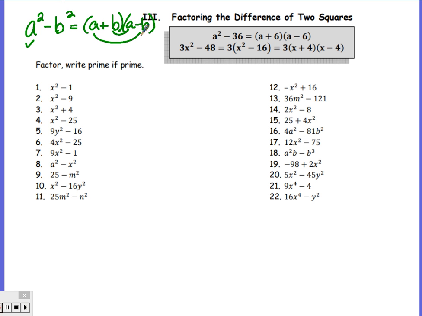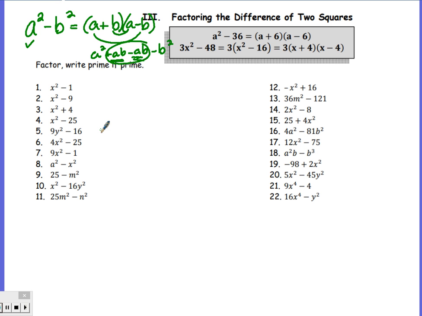Then when we do distributive property, b times a is ab plus ab, and here we have minus ab, and then minus b squared. So the positive ab and the negative ab, the middle terms, cancel out because they end up being the exact same thing, only opposites. So we end up with a squared minus b squared.